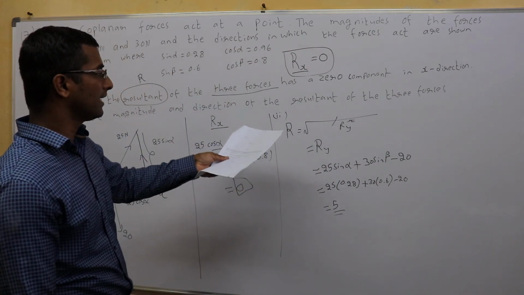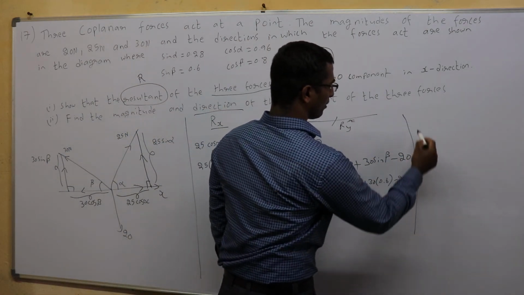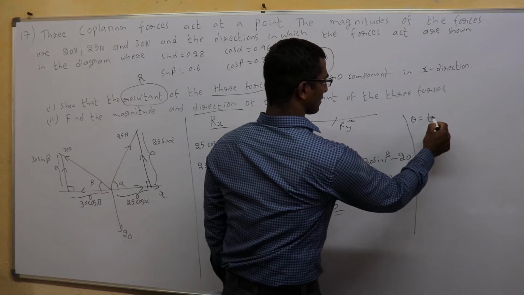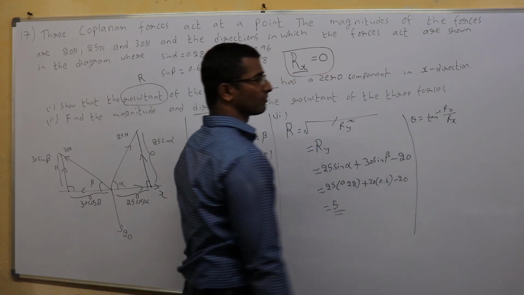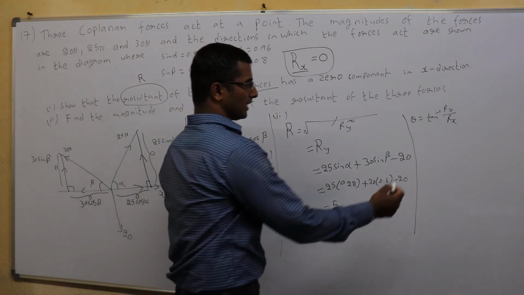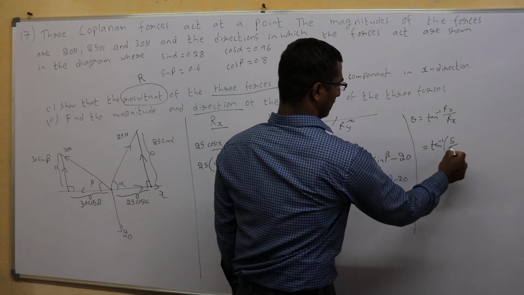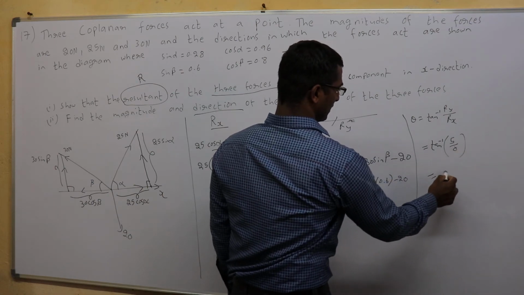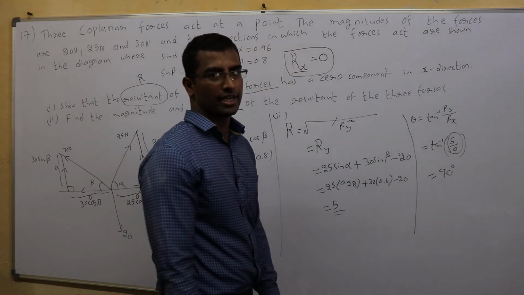Now resultant direction. Formula for the resultant direction is tan inverse Ry by Rx, which is nothing but tan inverse 5 by 0. 5 by 0 is not defined.